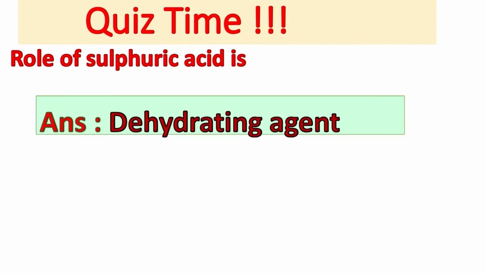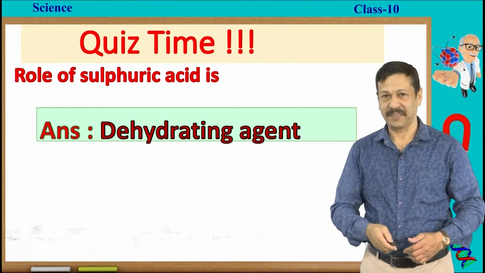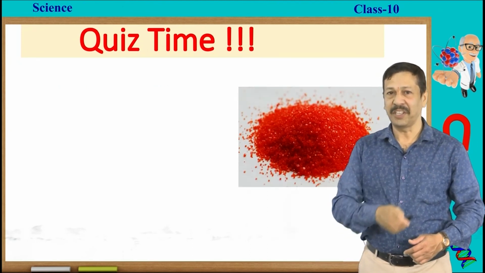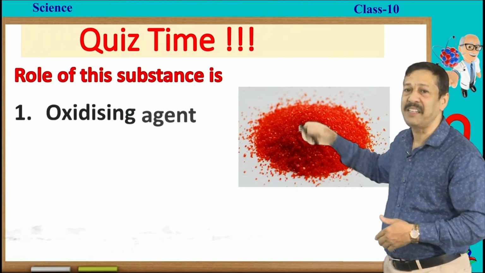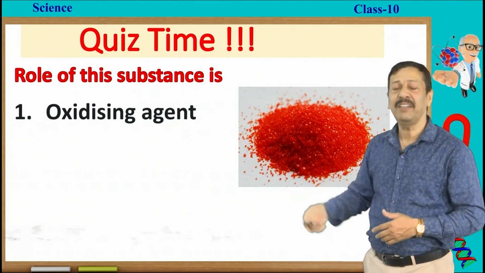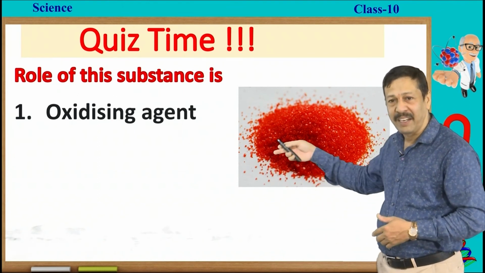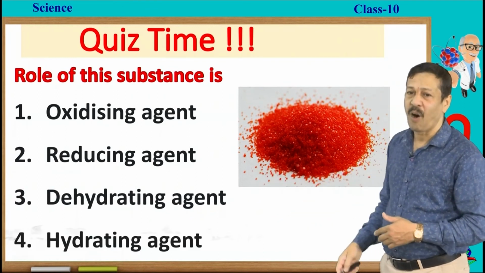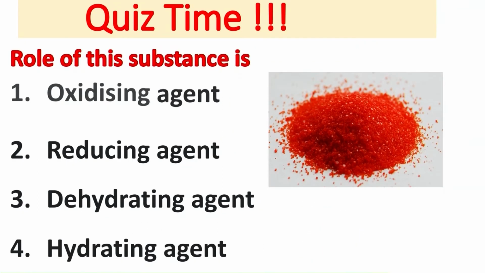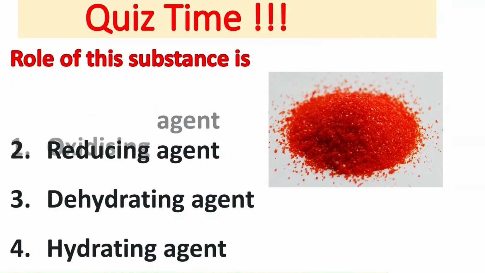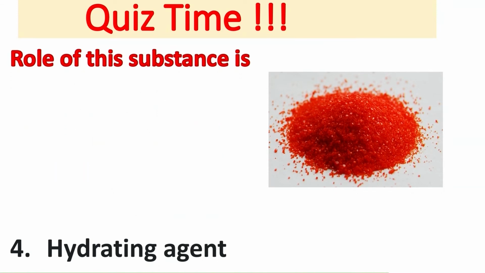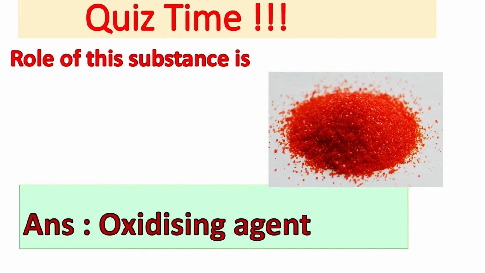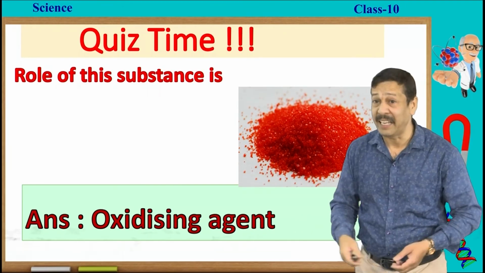The answer is it is a dehydrating agent. Next question. The role of this substance is it an oxidizing agent, or a reducing agent, or a dehydrating agent, or a hydrating agent? What is the answer? The right answer is it is an example of an oxidizing agent.